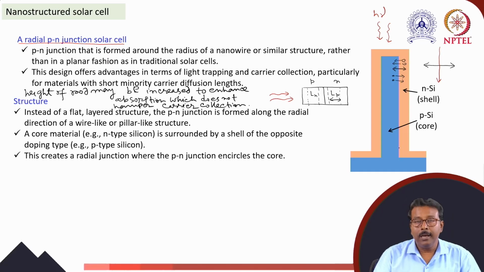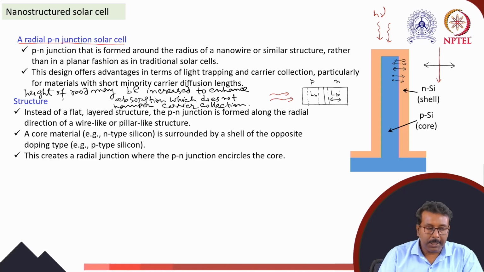And not a single such rod, but an array of such rods on a plane will serve as a nanowire array solar cell. So an array of such solar cells will look like that, and contact is taken.